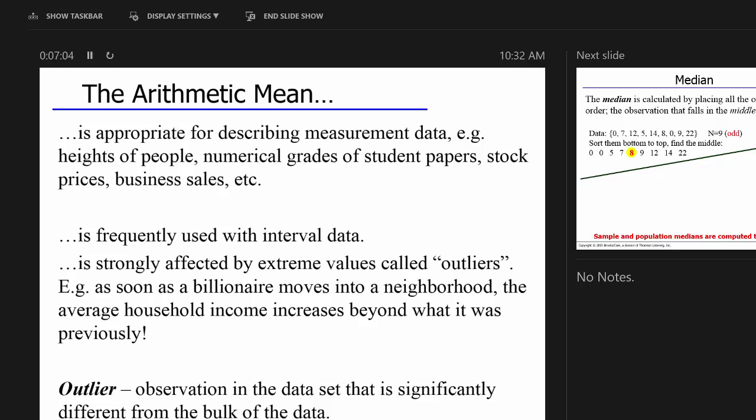Volumes of packages shipped by carriers. So all these things that are measured in terms of dollars, inches, cubic feet, degrees Fahrenheit, etc. Right? Mean is one of the most frequently reported measures.